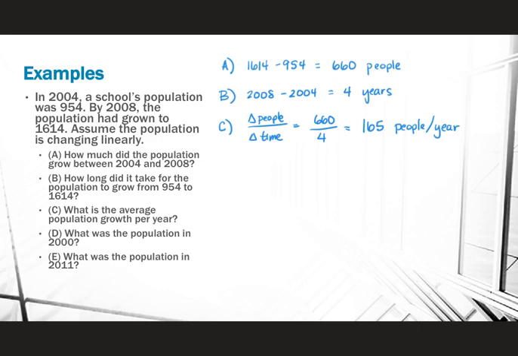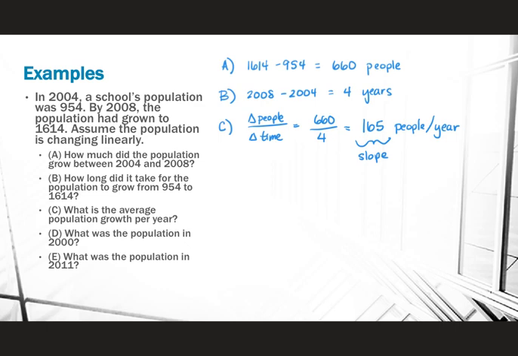Okay, now if that doesn't look familiar, hopefully it will in just a second, what we just found is our slope, right? Average population growth is slope. It's average rate of change.